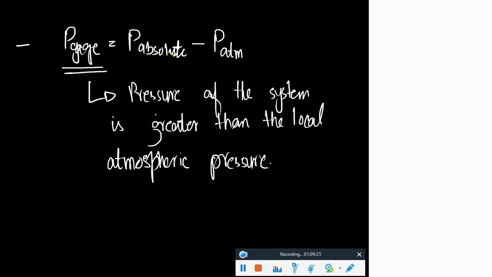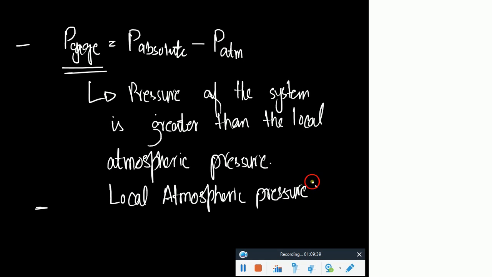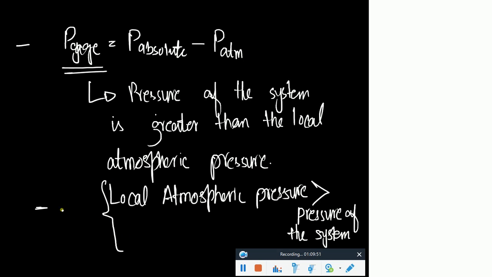Similarly, when local atmospheric pressure is greater than the pressure of the system, you would use the term vacuum pressure for their difference.